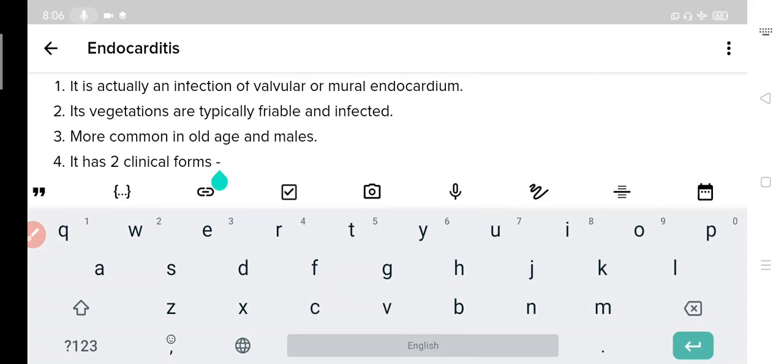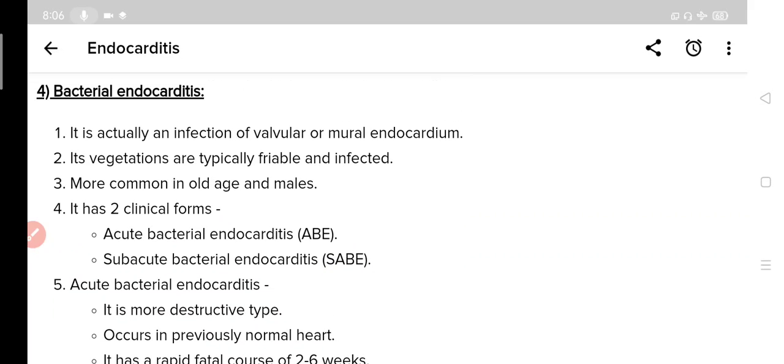So, what is bacterial endocarditis? Bacterial endocarditis is actually an infection of valvular or mural endocardium. Again, endocardium covers heart valves and heart wall. If bacteria affect the valve, it will be called bacterial valvular endocarditis, and they may also affect the heart wall.